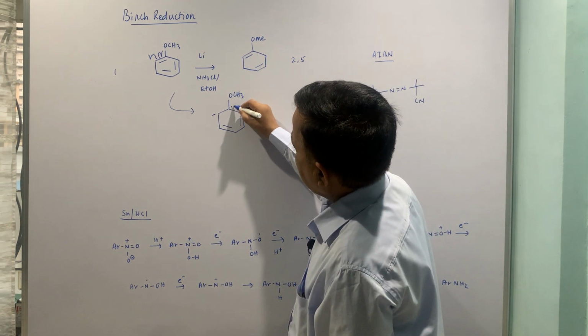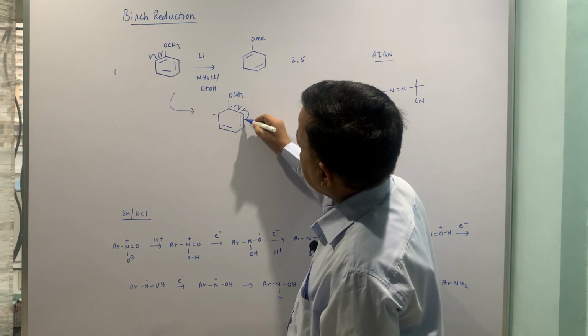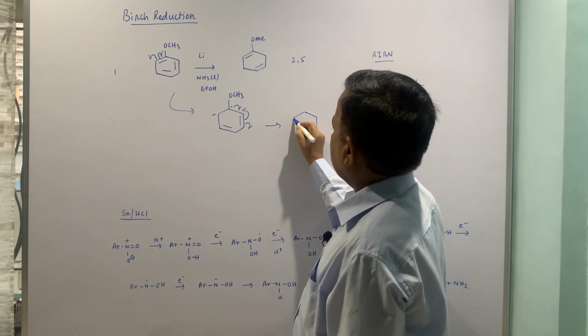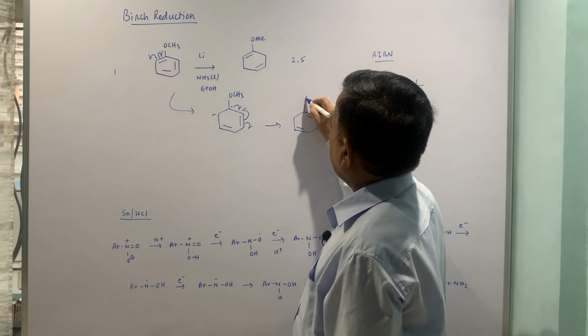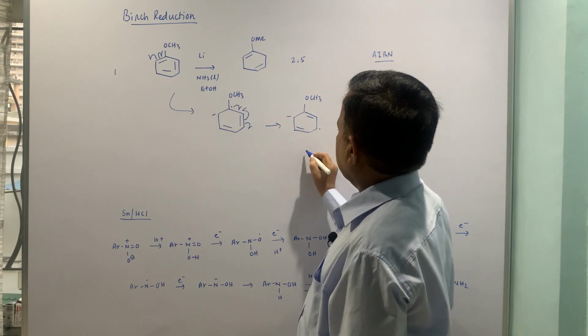Now here you can shift this, a resonance type situation. OCH3, negative charge is already there.